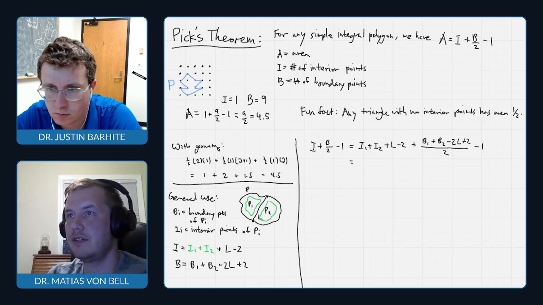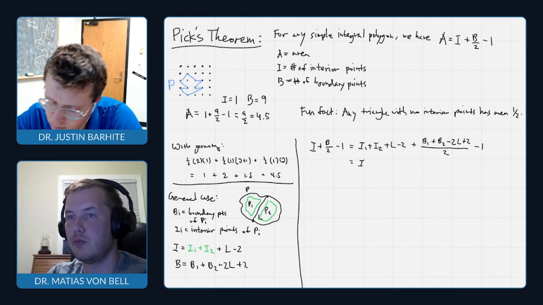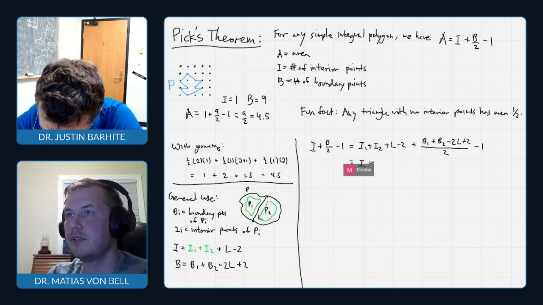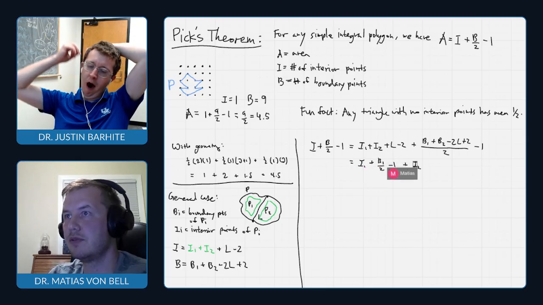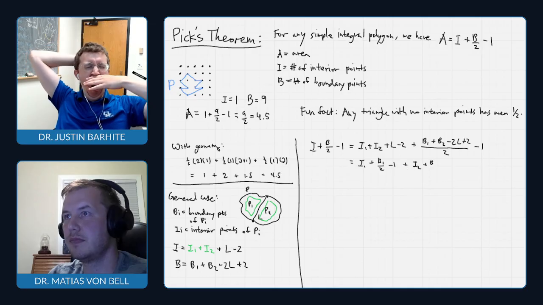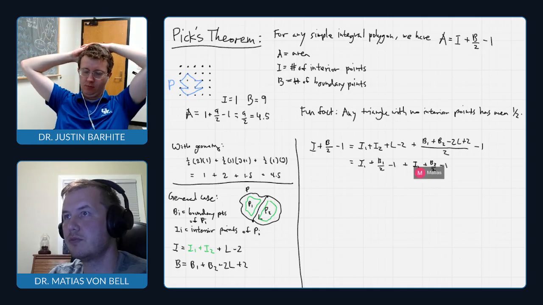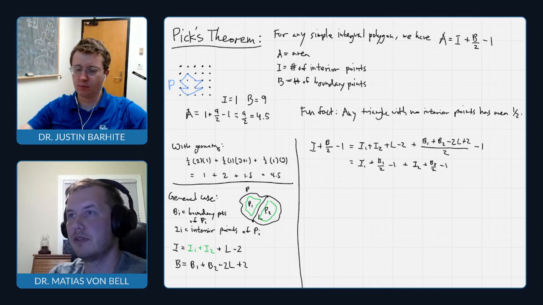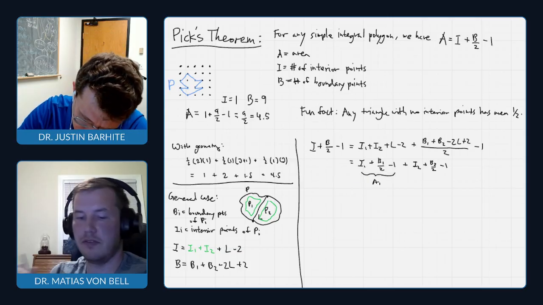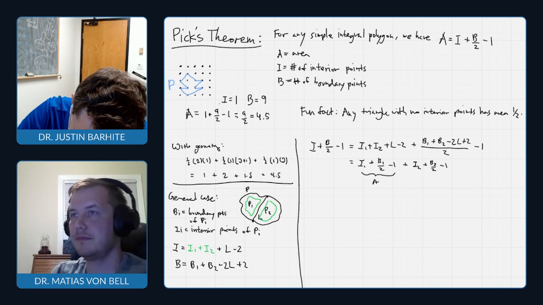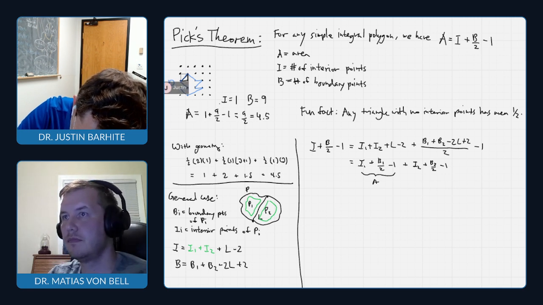Then you rearrange, and you get what you would hope for, which is I1 plus B1 over 2 minus 1 plus I2 plus B2 over 2 minus 1. And of course, this would be the area of P1, and P2.